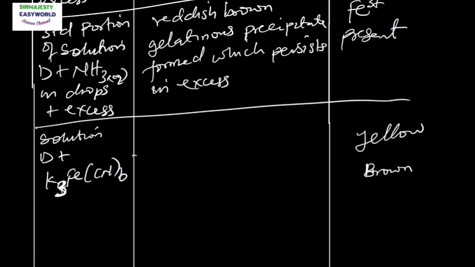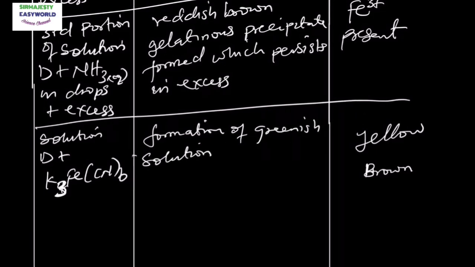But when you add ferrate 3 to iron 3, that's still iron 3. I observed the formation of a greenish or dark greenish solution.